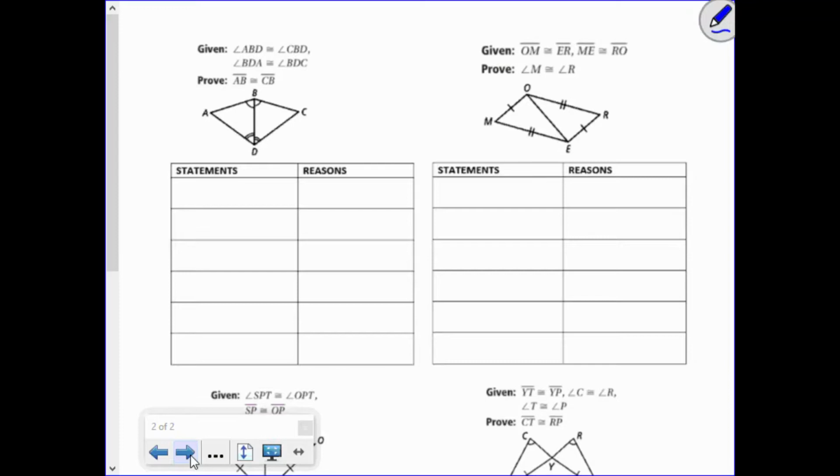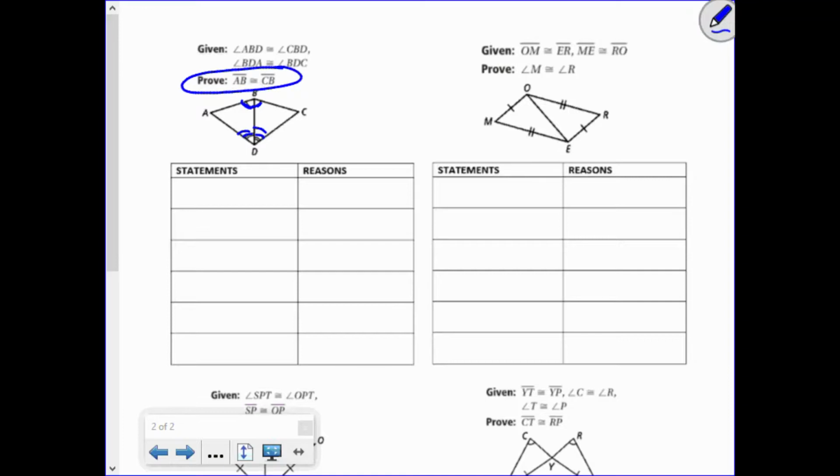Alright, so for this one, again, they have already provided given information for us. So we know that ABC is congruent to CBD, so these triangles right here are congruent. We also know that BDA is congruent to BDC. So I have these two sets of congruent angles that are provided for us. And this is a small picture proof.